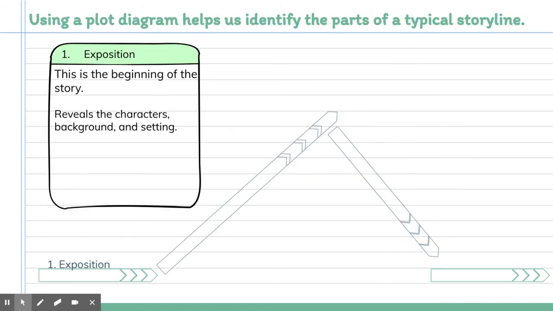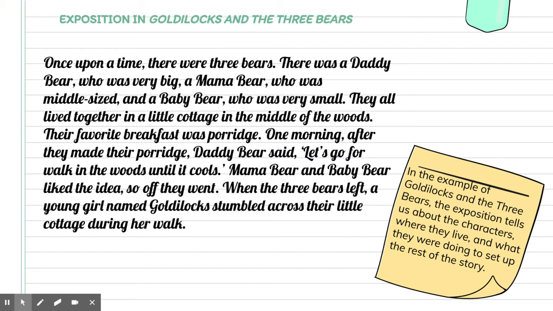The other things that you want to check out for exposition are the setting. So where is this set? Okay, is it set in a city? No. And we know that because if we read through here, it says that the three bears all lived together in a little cottage in the middle of the woods. So we can kind of paint that picture for us in our heads, kind of seeing where do they live?